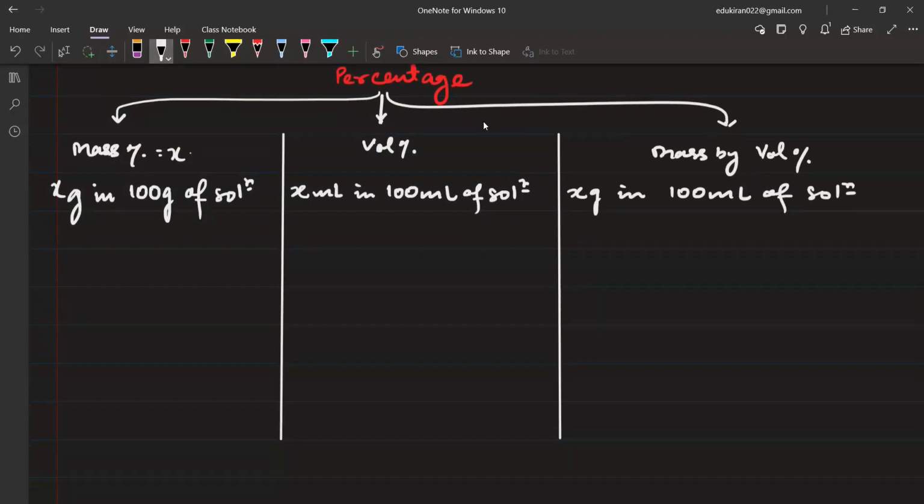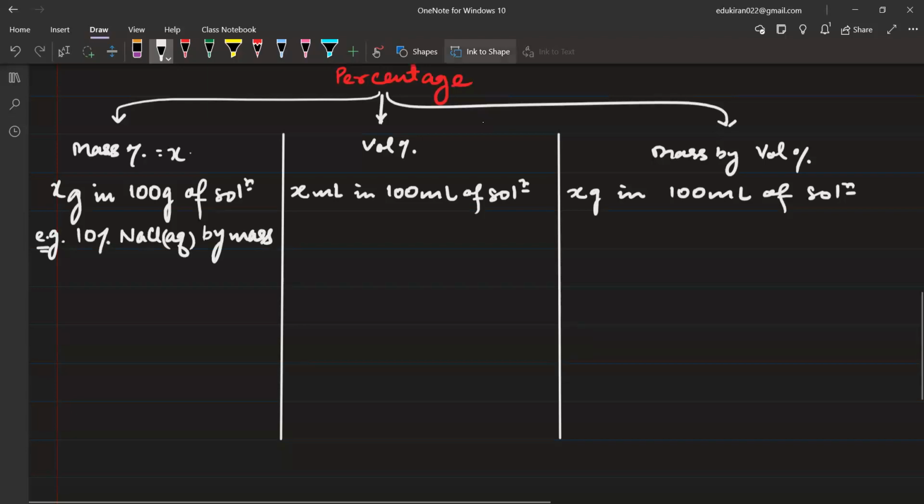Now, for example, you have been given 10% of NaCl aqueous by mass, or in bracket W by W. Then from here you can find out three things.